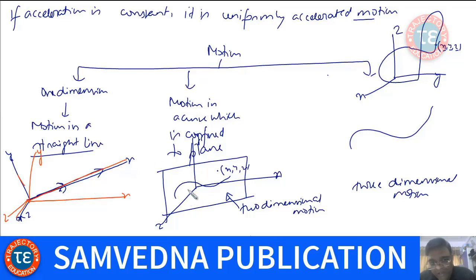Choosing a coordinate system is our discretion, it's our freedom. None of the laws of nature tells you anything regarding a coordinate system. You don't have any law of nature hinting you about taking this or that coordinate system.